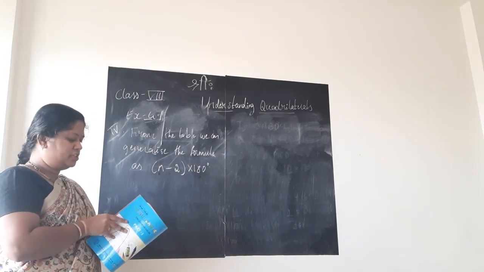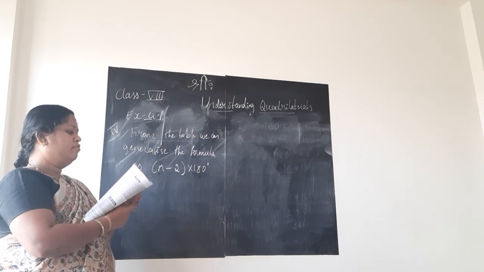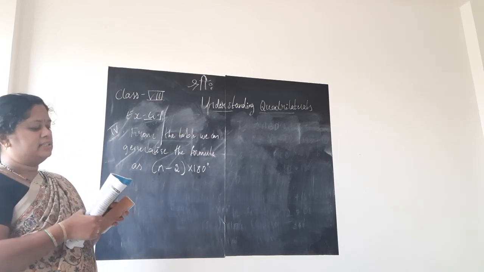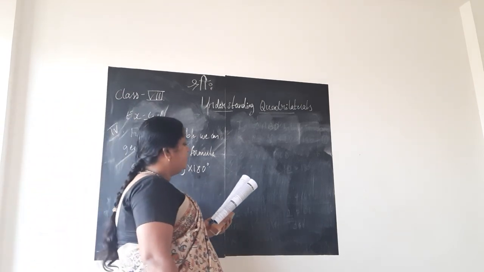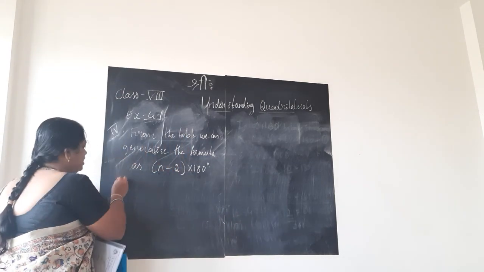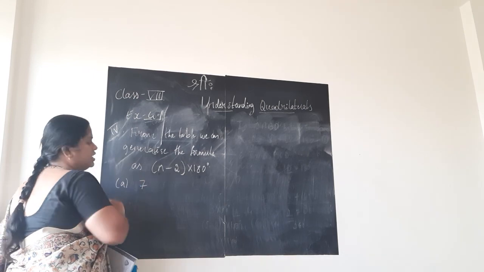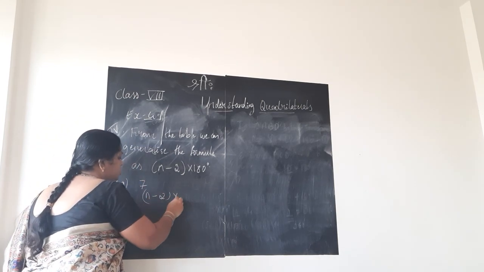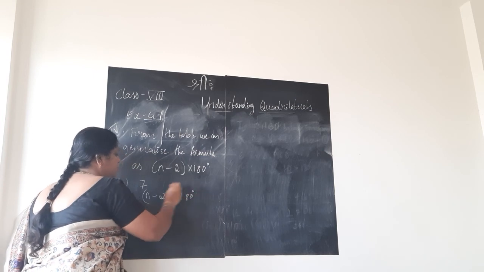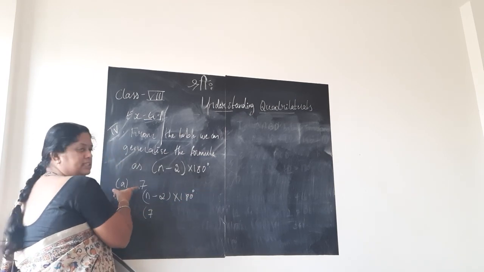In the next page, what can you say about the angle sum property of a convex polygon with number of sides? They have given 4 more problems. In that first one is 7 sides, heptagon. Don't worry, just write the formula. N minus 2 into 180 degree you will write. How much is n now? 7 sides they have given.